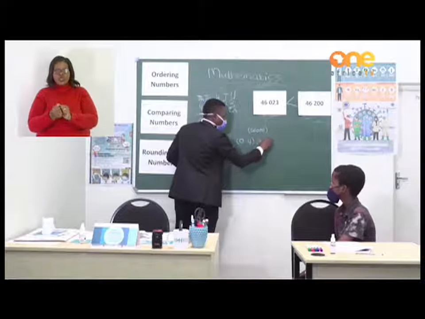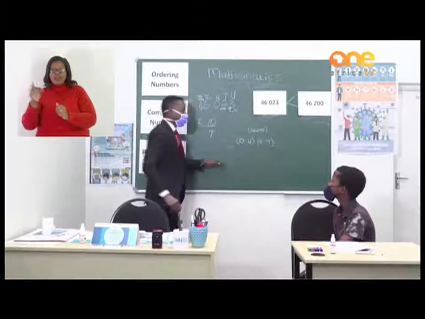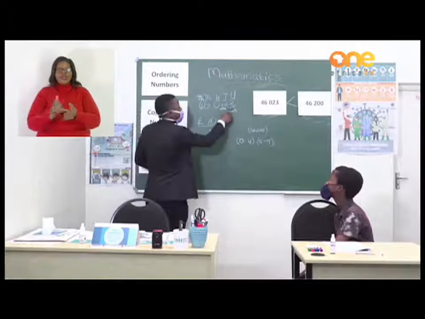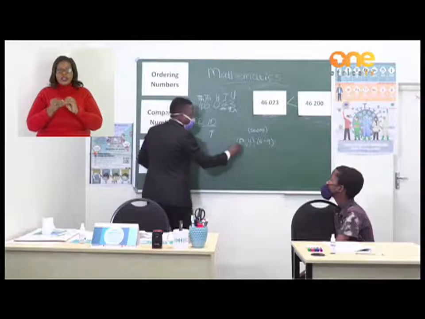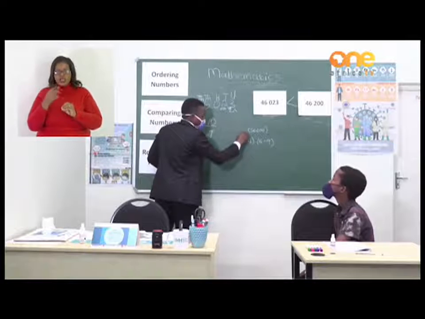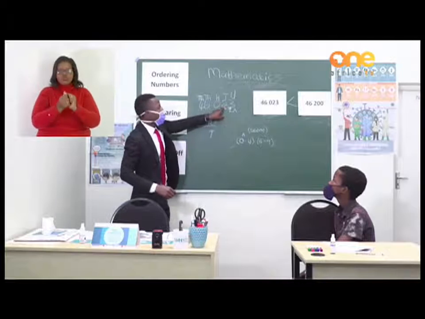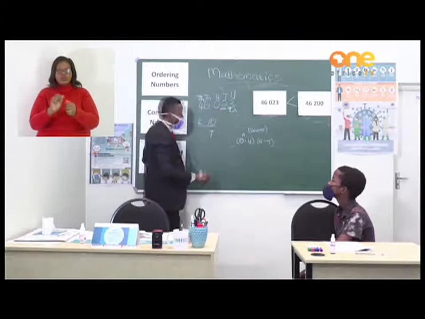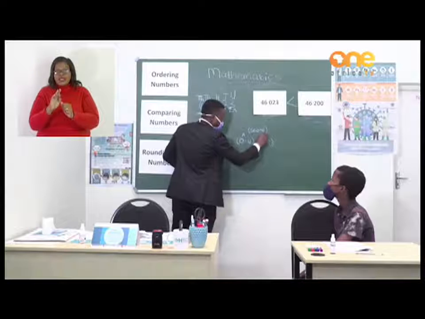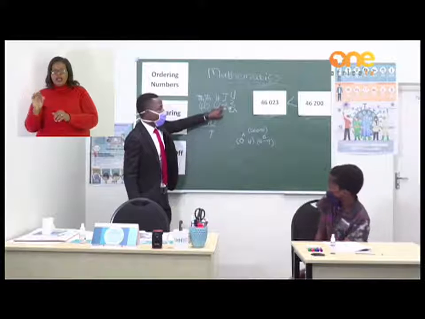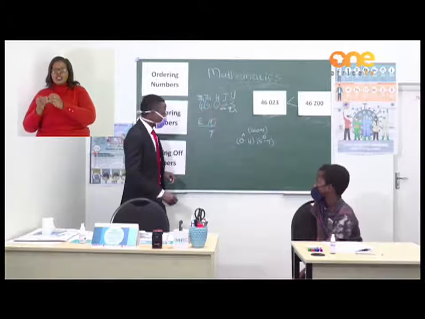From 5 to 9, those numbers can score. Now you are looking at the number, if it falls in this category A, it will not change the number you are rounding off. But if it's falling in this category B, then it can change the number you are rounding off.